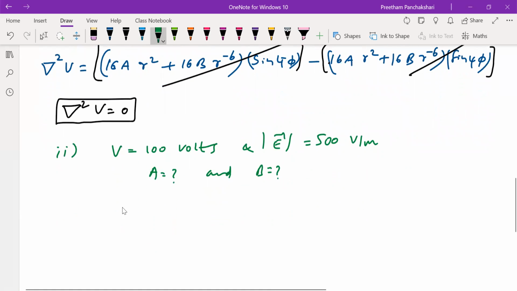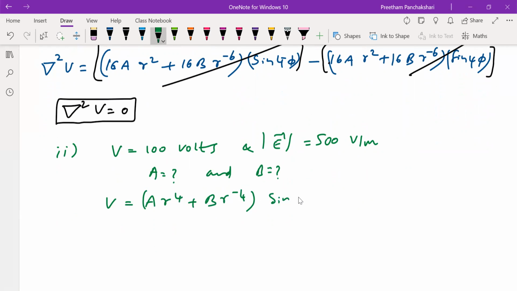These are the constants present in the given potential field. That is A into R power 4 plus B into R power minus 4 into sine 4 phi. This is the problem. So in this V function, A and B are there. So you have to find these values for given values of V and E. Let us start.